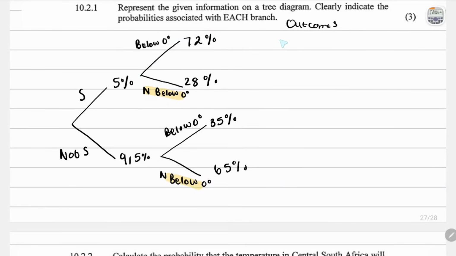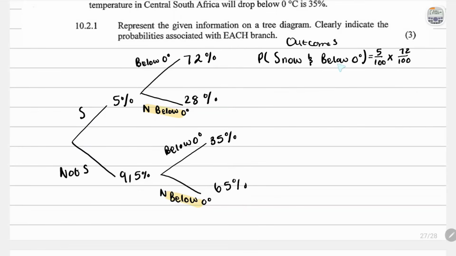So the outcome here is it snows and the temperature drops below 0. We find the probability of this by multiplying 5 over 100 by 72 over 100. So we just multiply their outcomes.